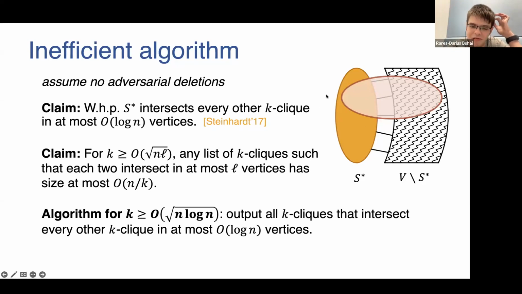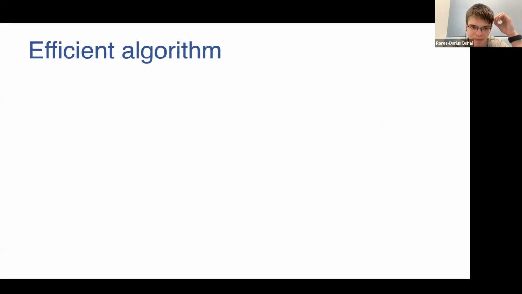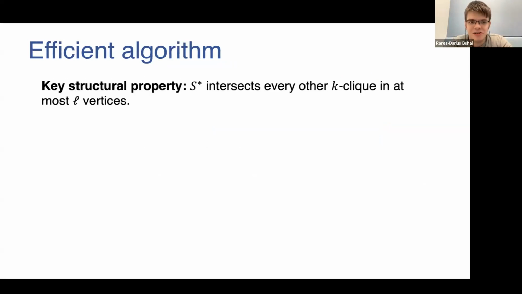And now we're going to look at how we can possibly make something like this efficient. We're going to start from this. And we're going to note that the key structural property that we used was that S star intersects every other k-clique in the graph in at most L vertices, where L was log n for us.